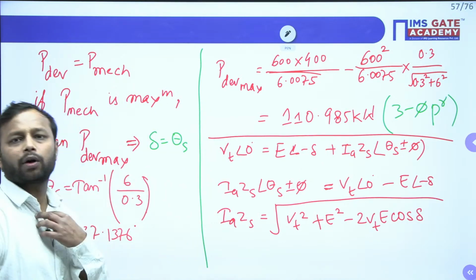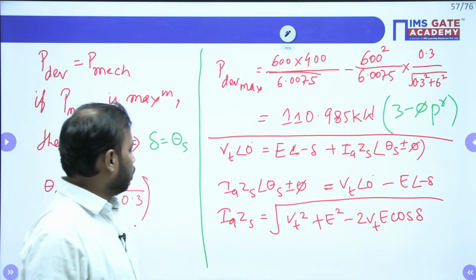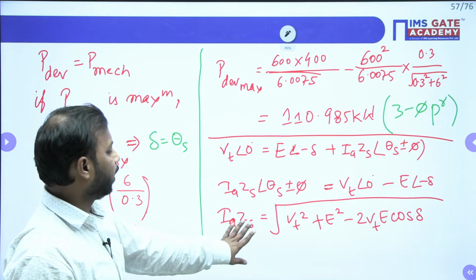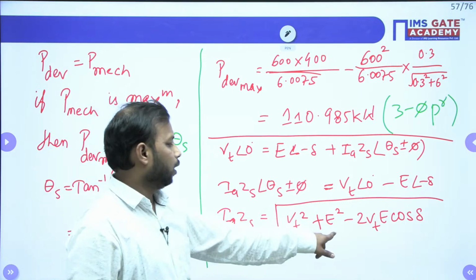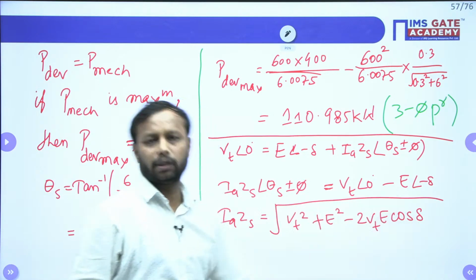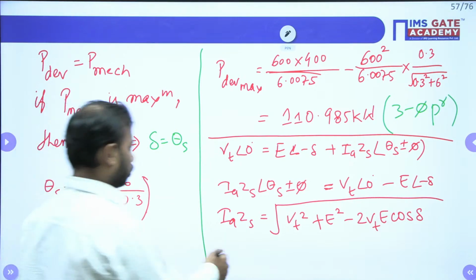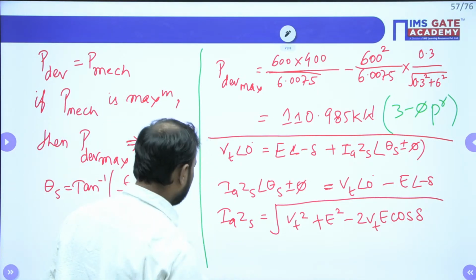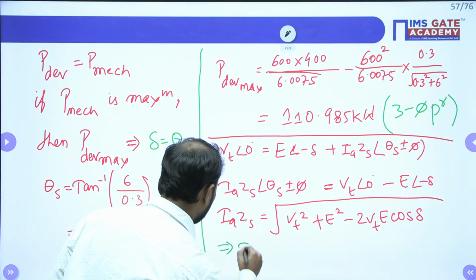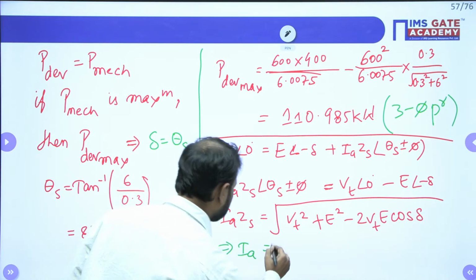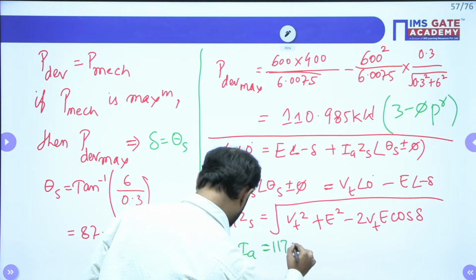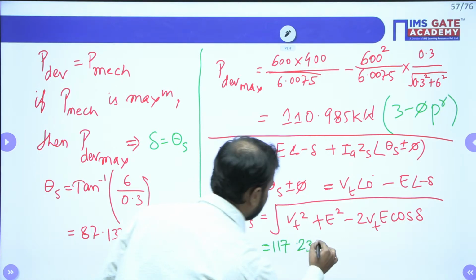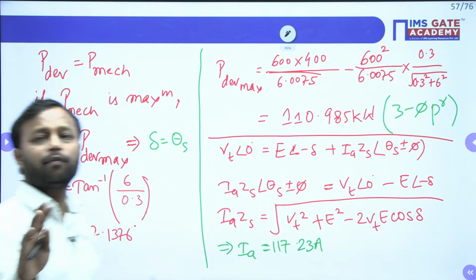From the parallelogram theorem, we will have this value. So Zs we have the magnitude, Vt we have, E we have, and del is theta s. So all values we have. From here I can directly find the IA value as 117.23 ampere.